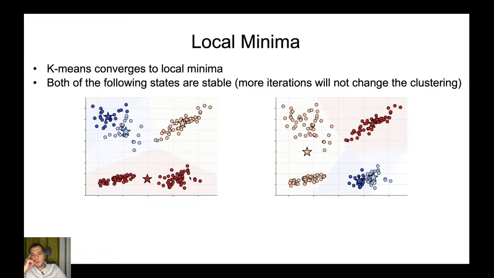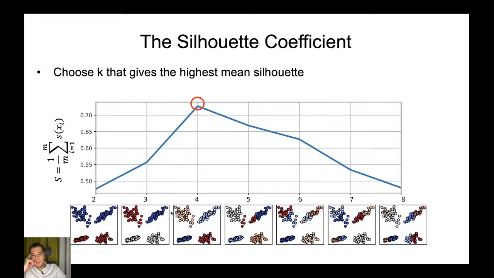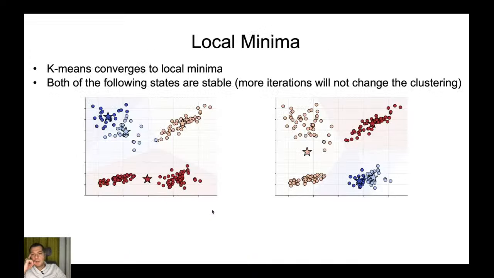These data points are the same as here, and we expect the clusters to look something like this. But in practice, depending on the initialization, we can obtain a clustering such as this one, or a clustering such as this one. In both cases, one of the clusters is divided in 2 subclusters, while 2 clusters are joined together.